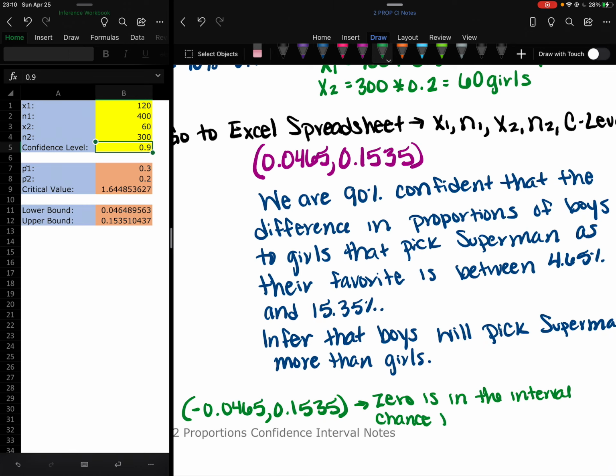That means there is a chance that the two are equal, that the boys and girls would pick Superman at equal proportions.